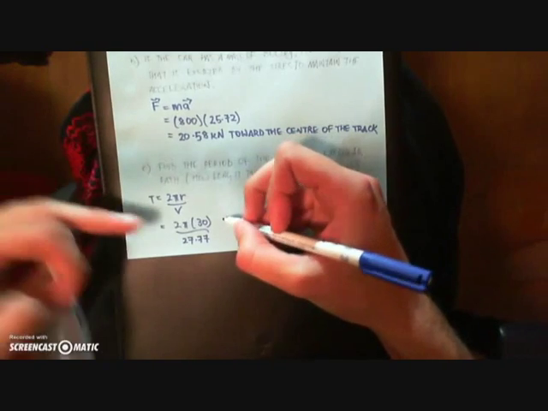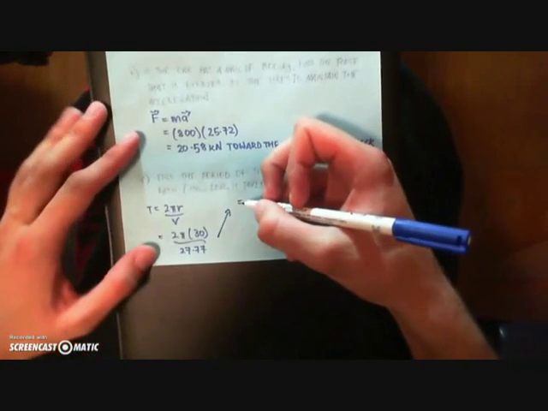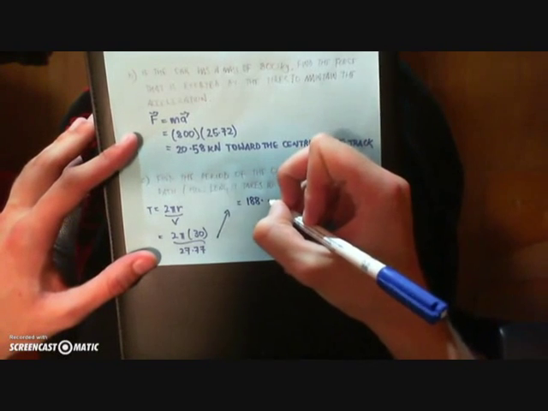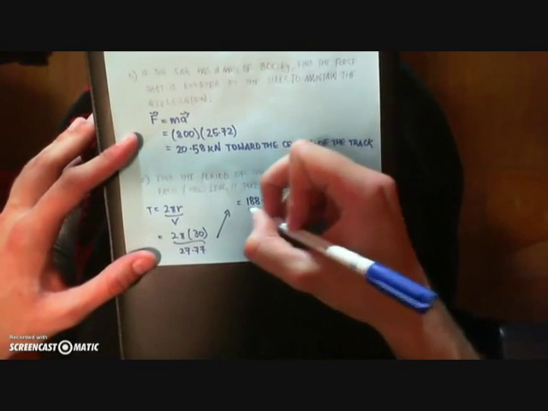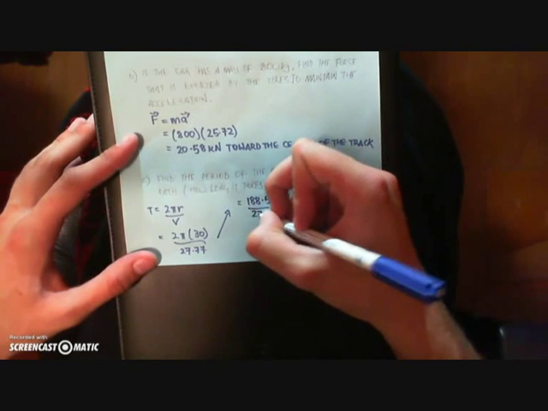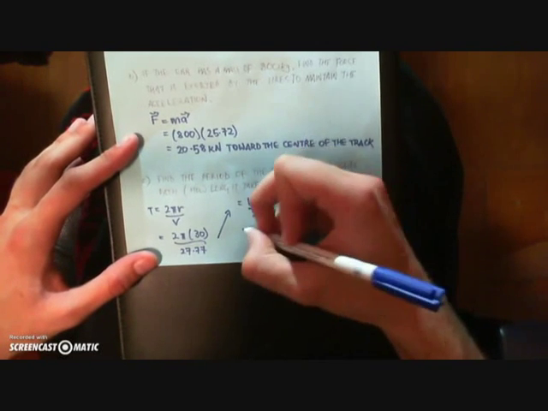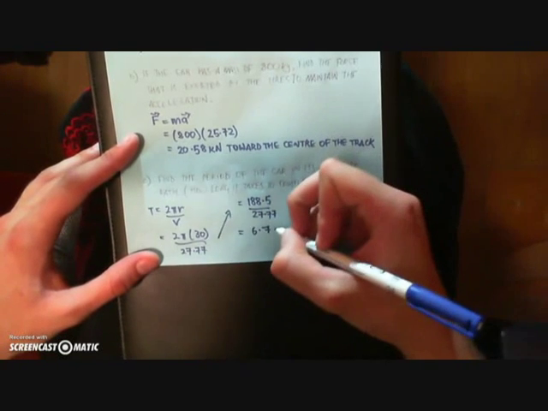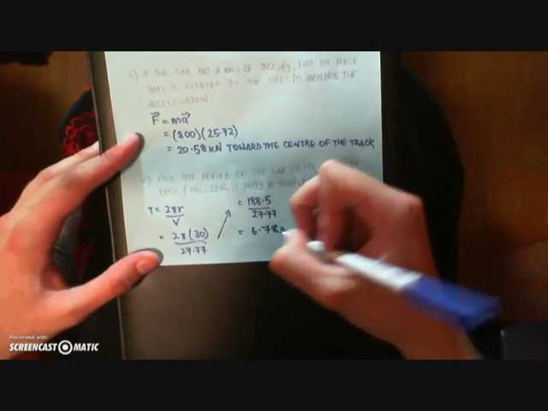Now, using our calculator, 188.5 over 27.77, which is equal to 6.78 seconds.